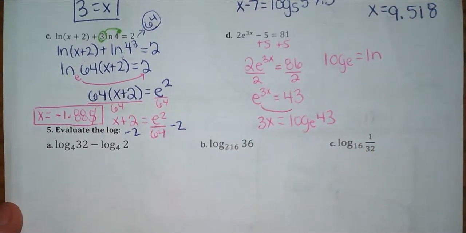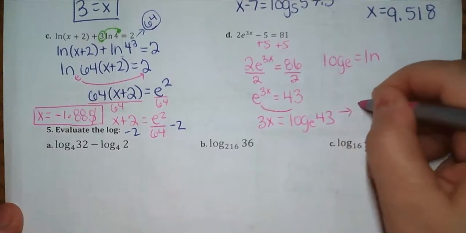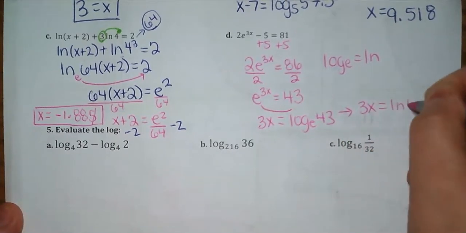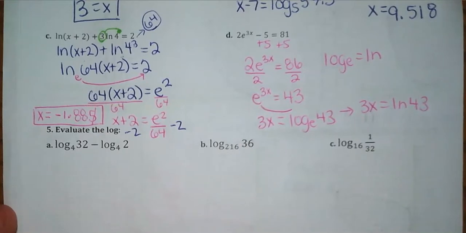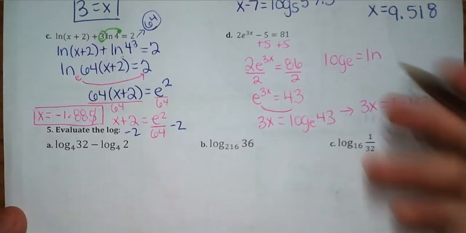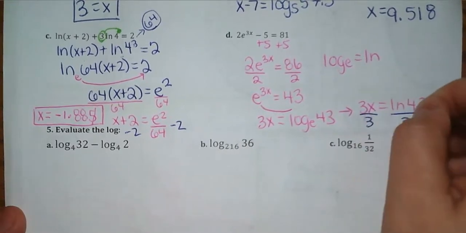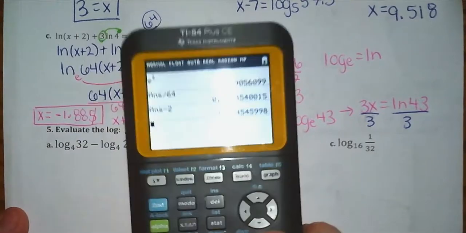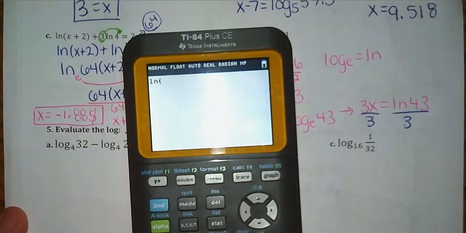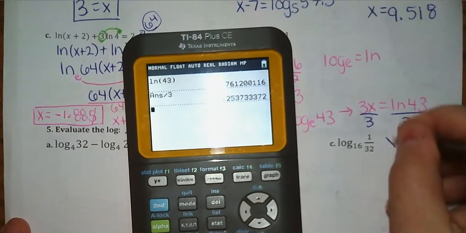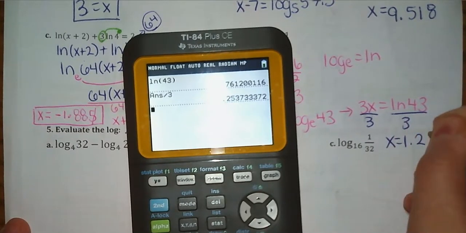So really what I have here is 3x equals the natural log of 43, and all I have to do to get my answer is take the natural log of 43 and divide that by 3. So hit your natural log button, 43, make sure you close the parenthesis. And then I'm going to divide that by 3. And my answer, to 3 decimal places, is 1.254.